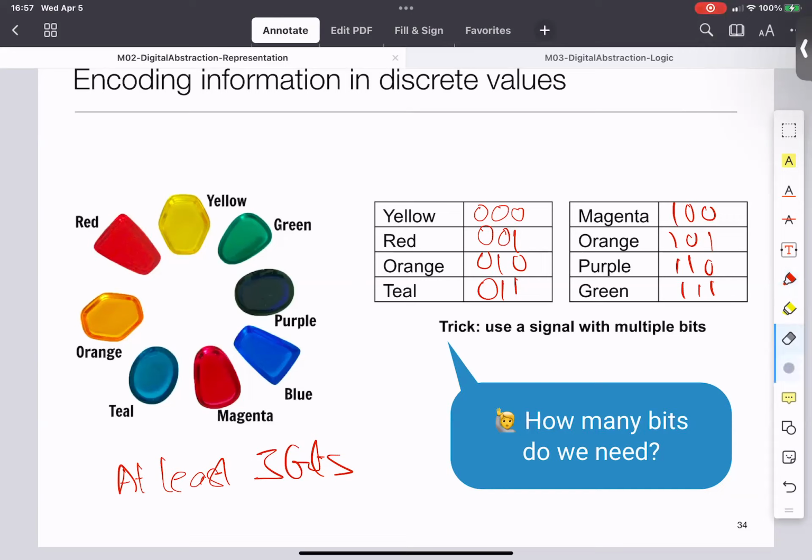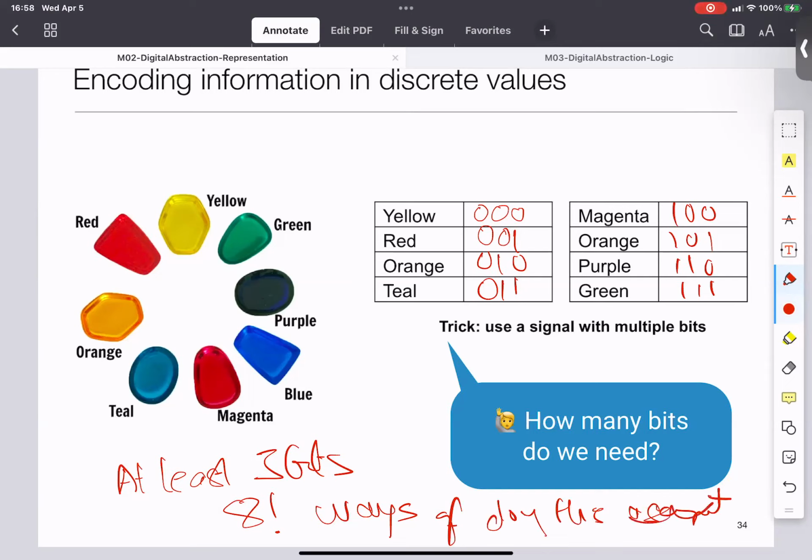So how many? Yes, 8 factorial. There are 8 factorial ways of doing this assignment.